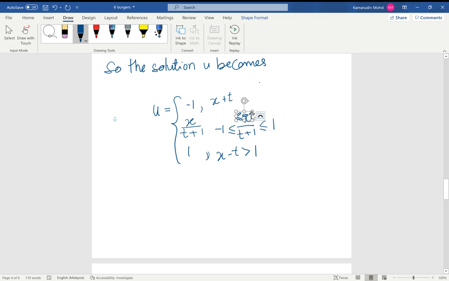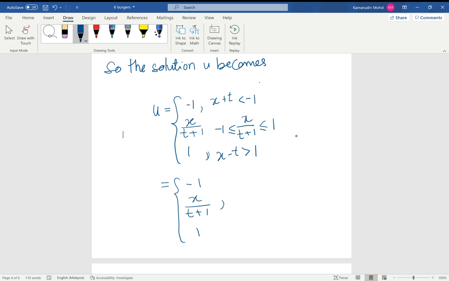This is how it will look if I modify. The solution here is still the same, we have minus 1, x over t plus 1, and 1. But here we can modify.